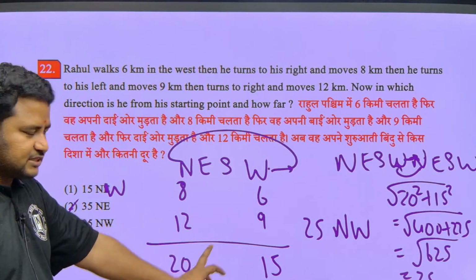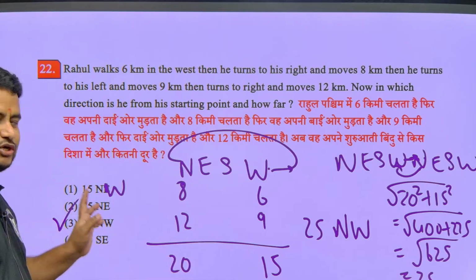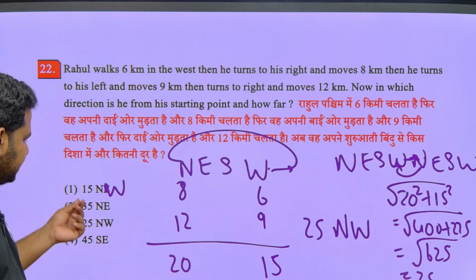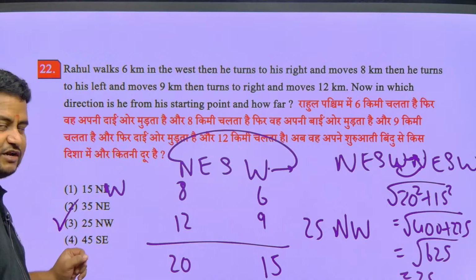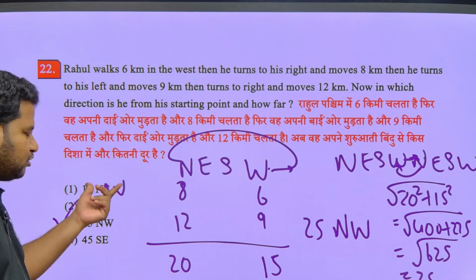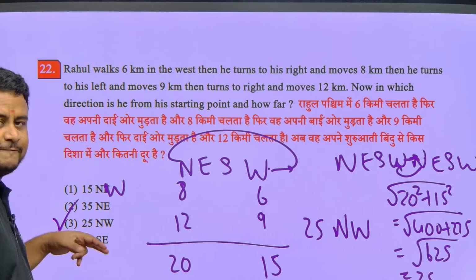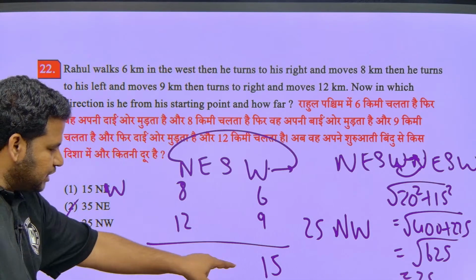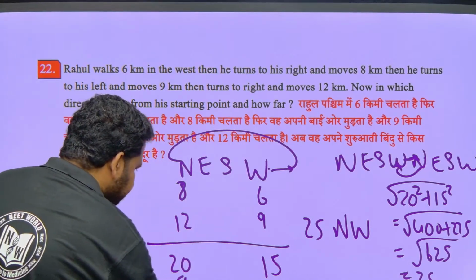So like this we have to take the Pythagoras theorem, that is 20 square plus 15 square gives us the actual direction of northwest. Okay. Here in this question directly only one option is given which is having northwest. So directly we can choose 25 kilometer northwest. But if they had given northwest in another option, that time whether to go with 15 or whether to go with 25, you will get confused. That time when you are having two values, suppose I take this as a, suppose I take this as b.